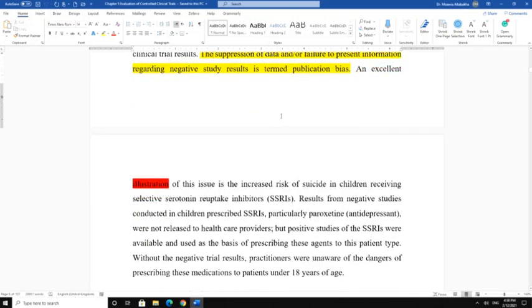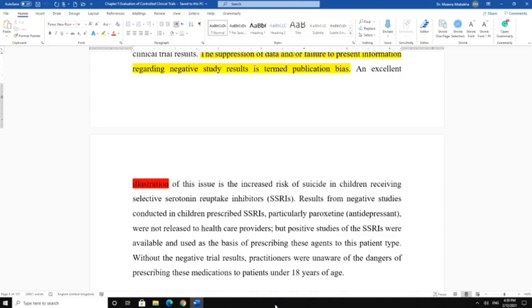An example of that: they did a study on SSRIs, particularly paroxetine, a selective serotonin reuptake inhibitor, which is used for people who have depression. The investigators actually found that for children there is a tendency to commit suicide. There is an increased risk of suicide in children. Otherwise, other results were okay. So when they published their study, they did not include this increased risk of suicide in children.